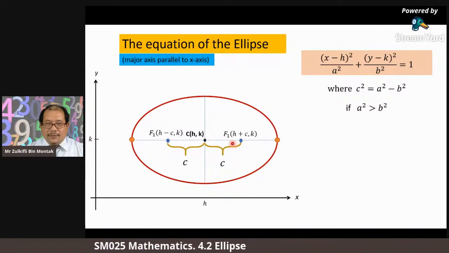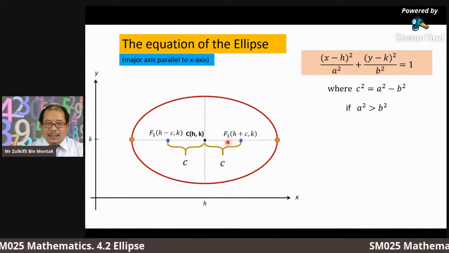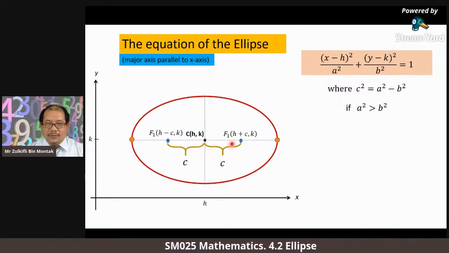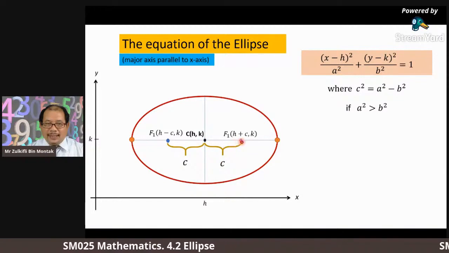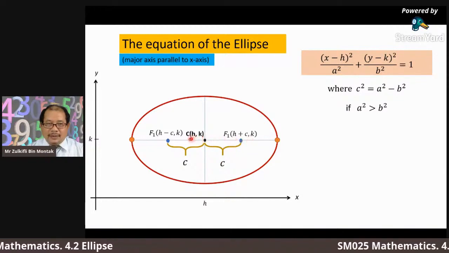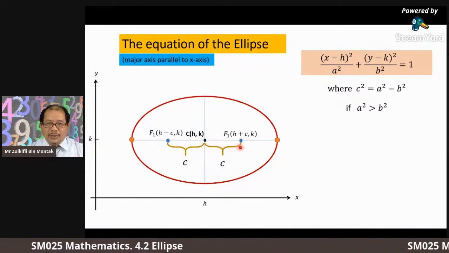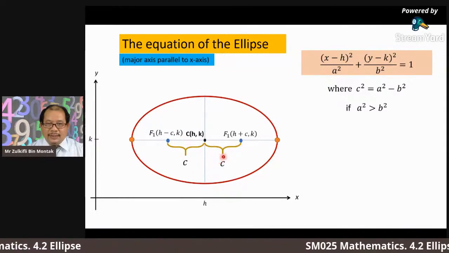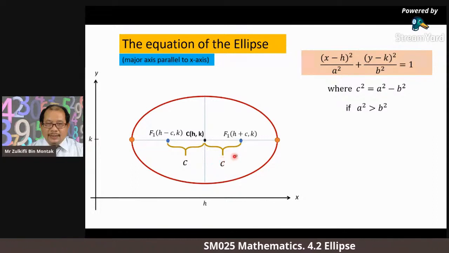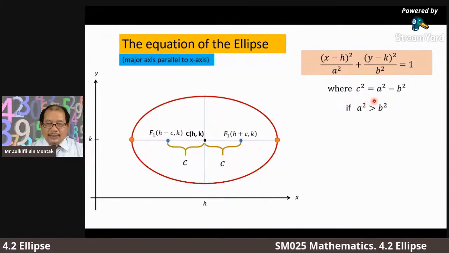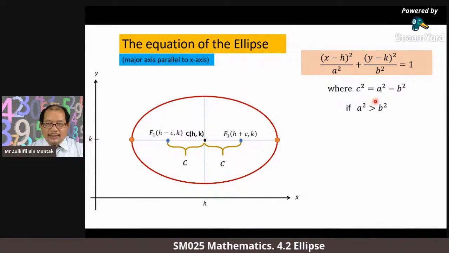So therefore, we can find the first focus, because it's h here, plus c: (h plus c, k), and then the second focus here, (h minus c, k), because the distance from center to focus is c.